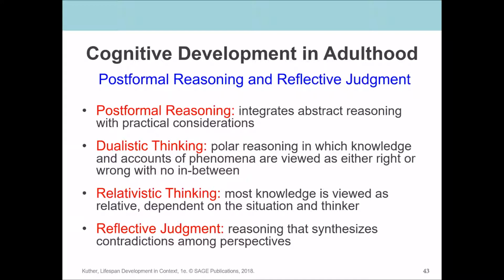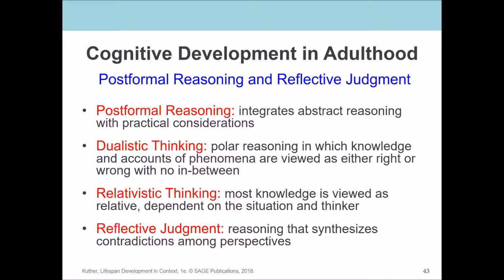This is sometimes shown in college students who are taught several theories to explain one phenomenon. They say, but which theory is right? And a professor will say, well, neither theory is right or wrong. They both have supporting evidence. That can be very difficult to deal with, because in dualistic thought, we want a right or a wrong, and then we want to figure out which one is right.